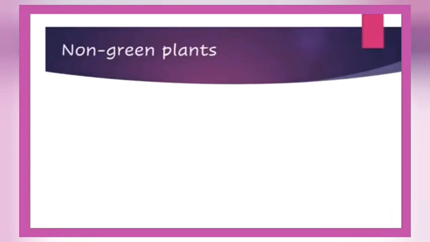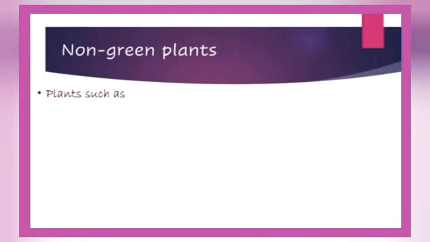Next is the last type of plant of this lesson, that is non-green plants. There are many kinds of non-green plants. As we learned in the previous lesson, due to chlorophyll, plants appear green.